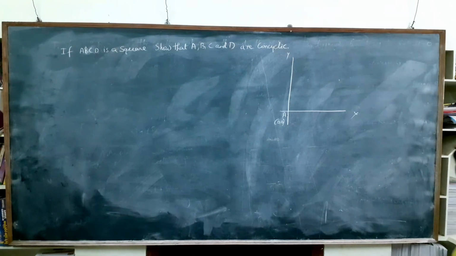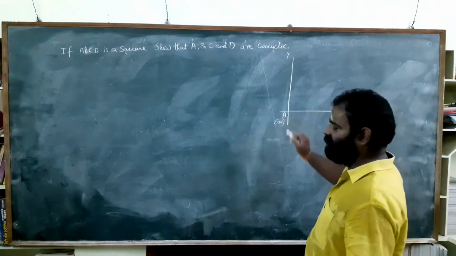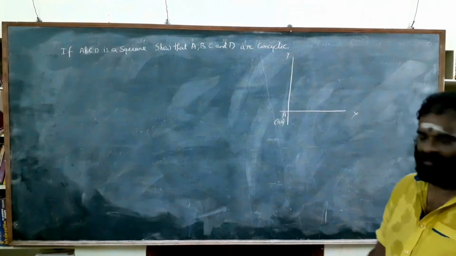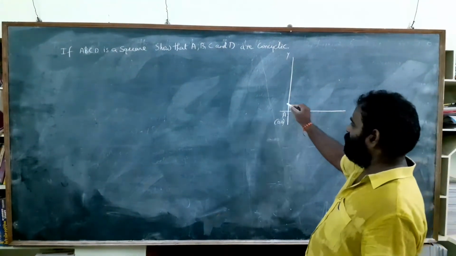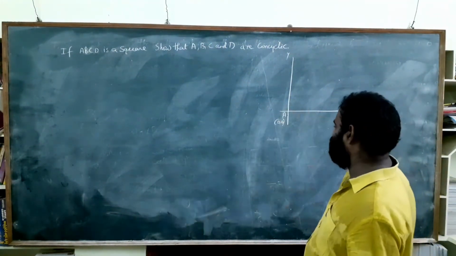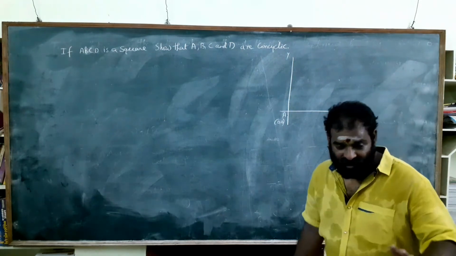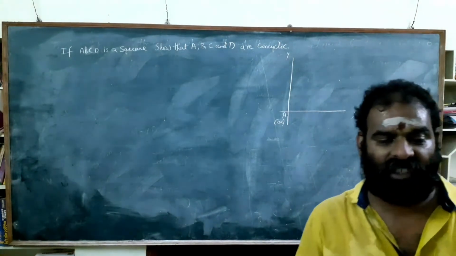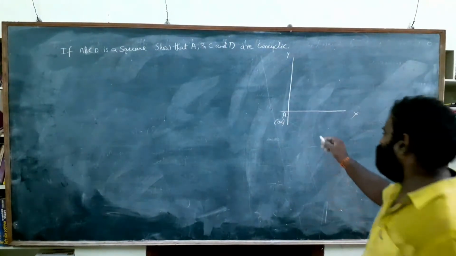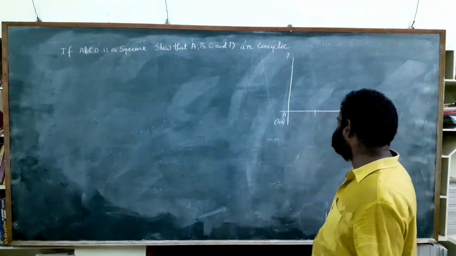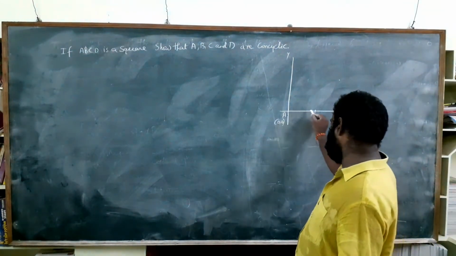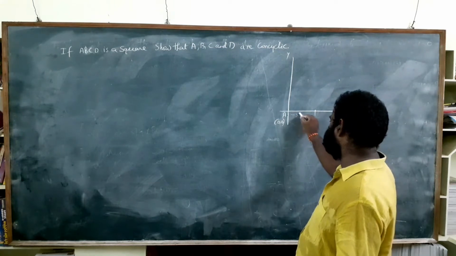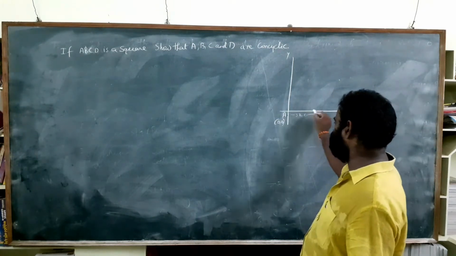Suppose if A 0, 0, let A 0, 0 be the origin, then here A, B, C, D is a square. What is the property of square? Four sides are equal. Suppose we take a point here. It is at a distance of k units.